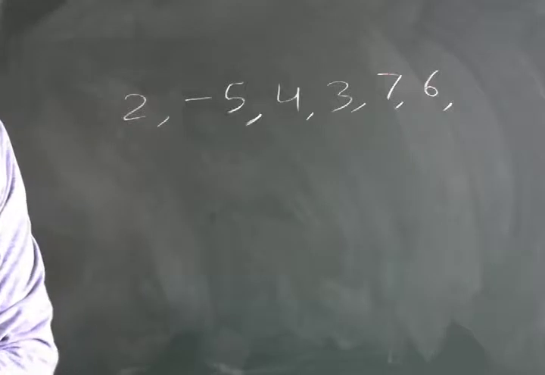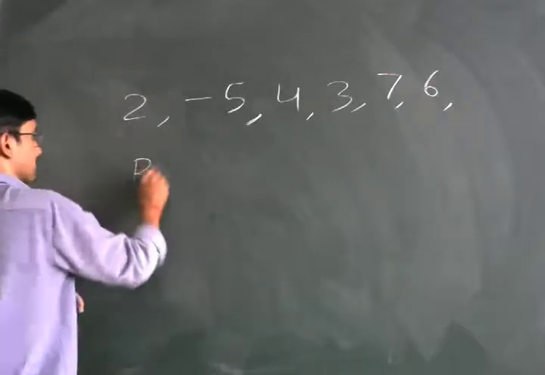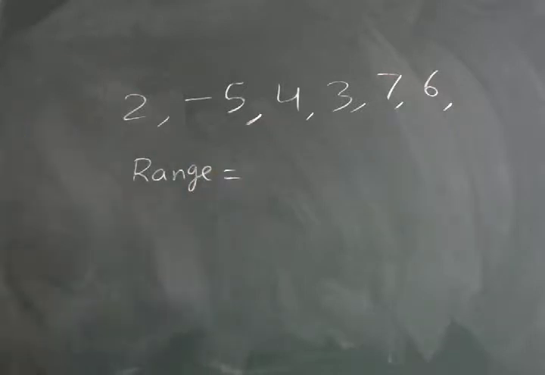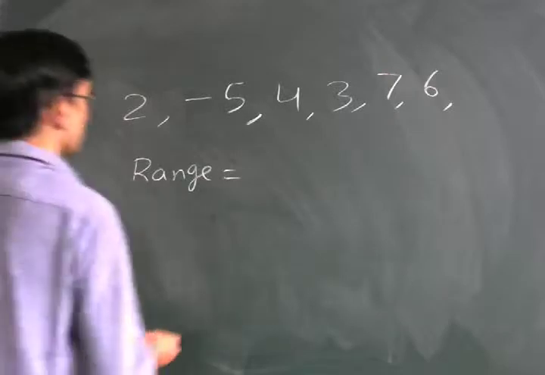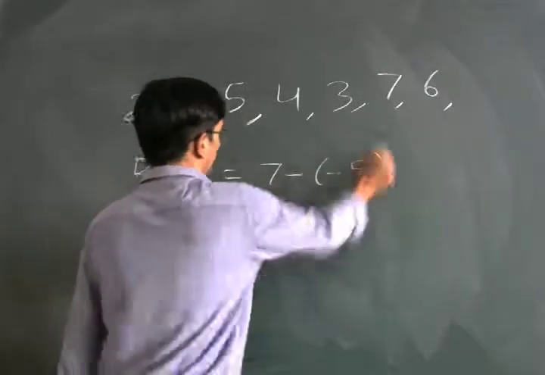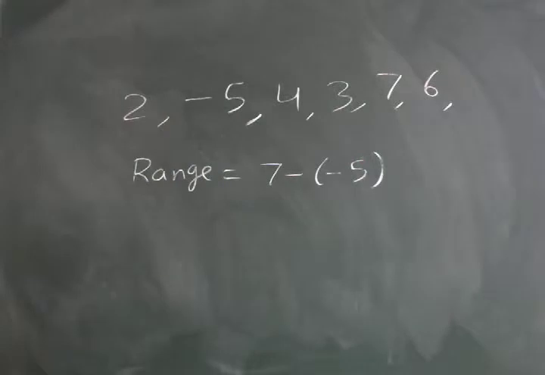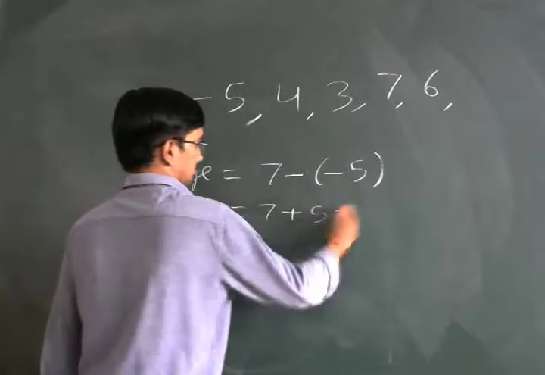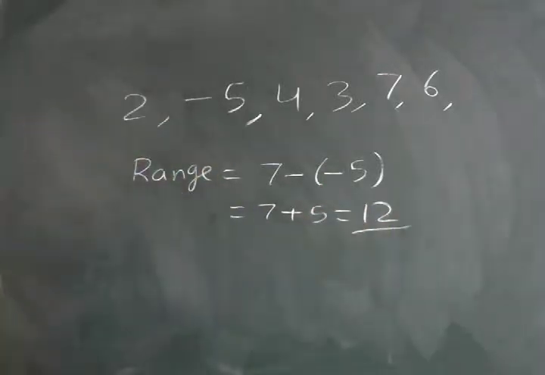Adamya, speak. What is the range here? Rishi Kalapati. Yes, Rishi. Sir, the range is 12. Range is 12, beta.